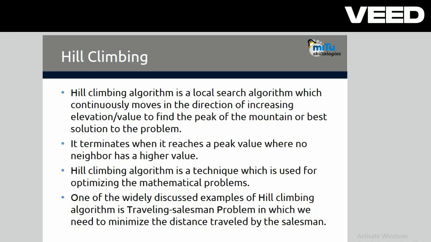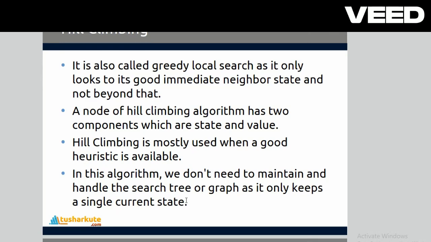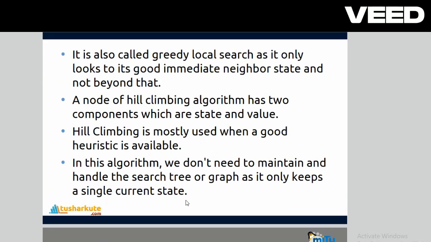The hill climbing algorithm is a technique which is used for optimizing mathematical problems. One of the widely discussed examples for hill climbing is the traveling salesman problem, in which we need to minimize the distance traveled by the salesman. This hill climbing algorithm is also called greedy local search, as it only looks at its good immediate neighbor state and not beyond that.